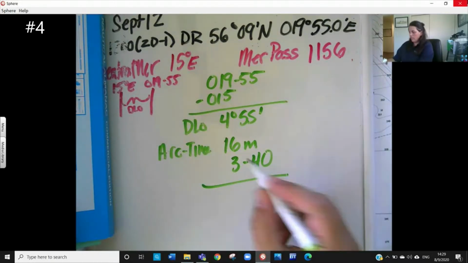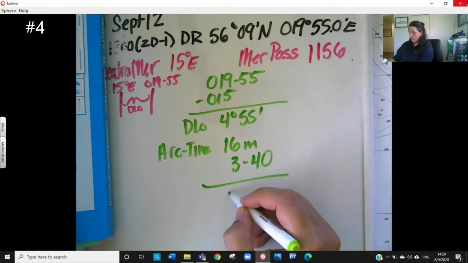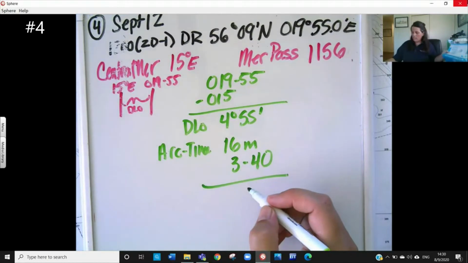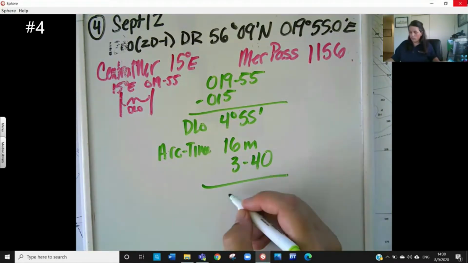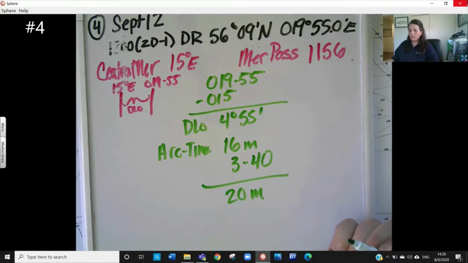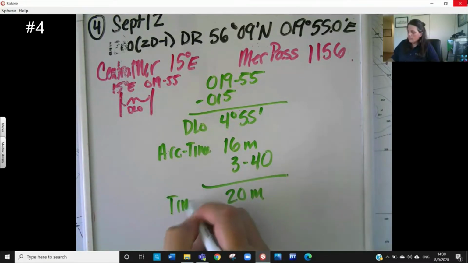So we have a total time of, we'll call it 20 minutes, 19, we're rounding up to 20 minutes for our time difference.